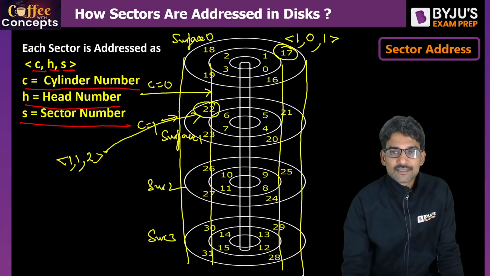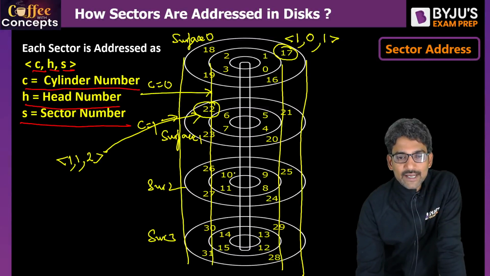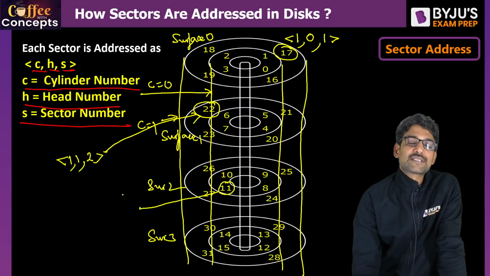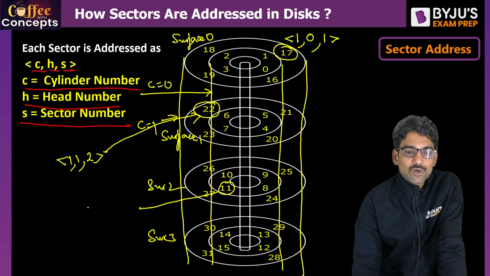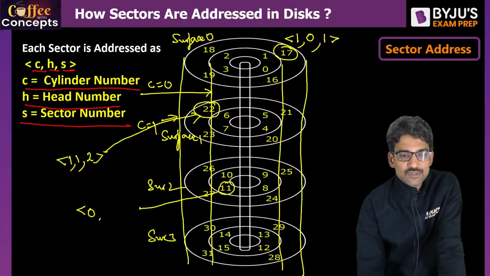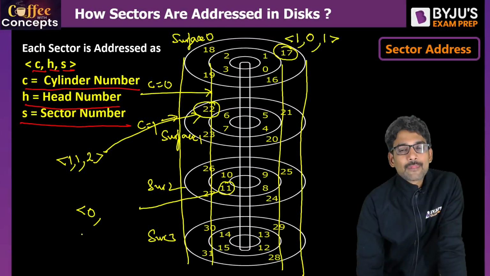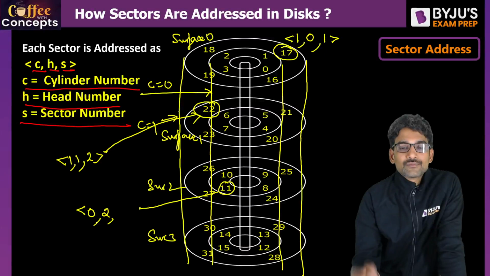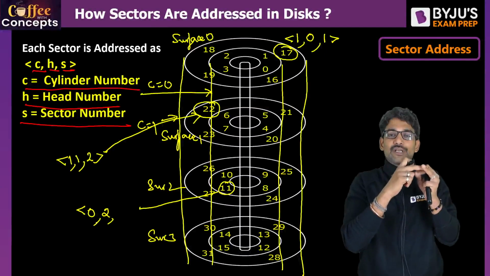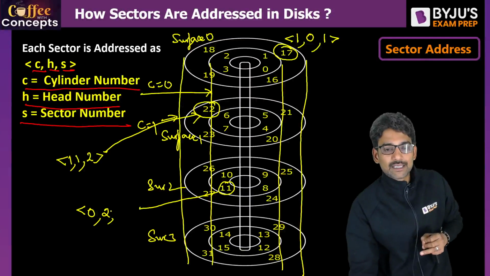In the same way, let me find the address for sector 11. It is in the innermost cylinder, so 0, and on surface number 2, where the sectors are 8, 9, 10, 11, numbered 0, 1, 2, 3. So 11 would have sector number 3.